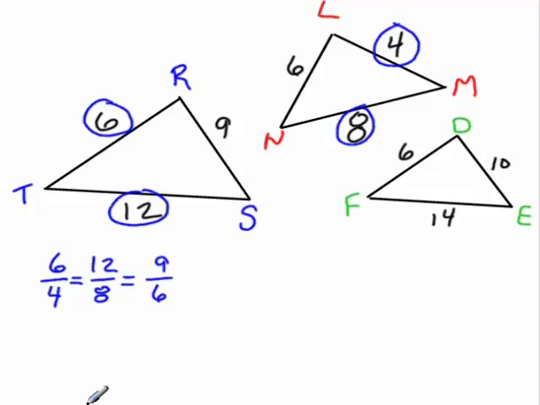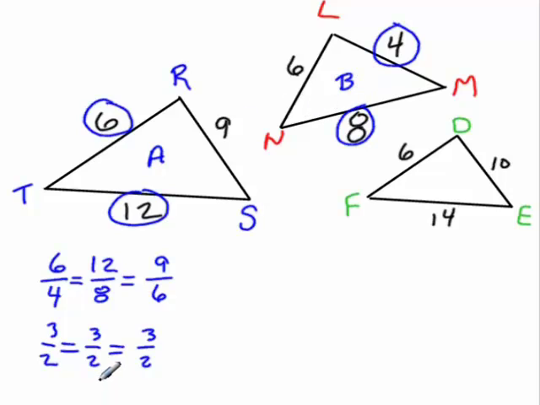Check for similarity. 6 and 4 has a common factor of 2, reduces to 3/2. 12 and 8, common factor of 4, reduces to 3/2. And 9 and 6 has a common factor of 3, which also reduces to 3/2. Thus, we can conclude that triangle A is similar to triangle B. Now, we can call them different triangles if we would like to in some cases.